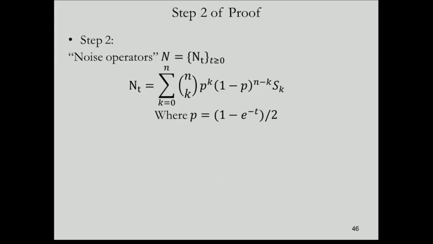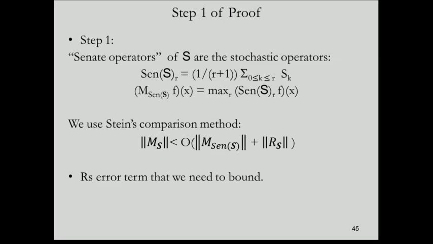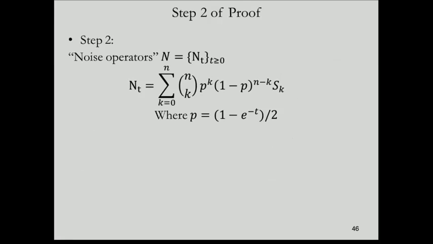Okay, so the second step, remember now we need to bound this term. The second step introduces something that you saw at the boot camp, about these talks on the hypercube that Christoph gave.